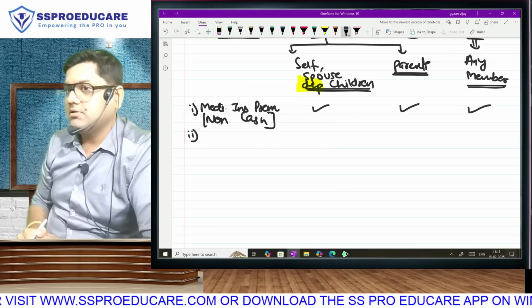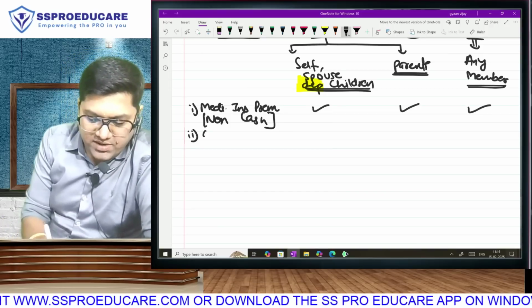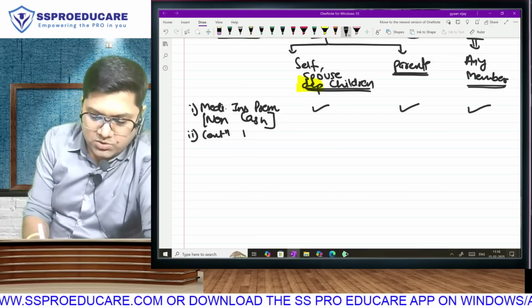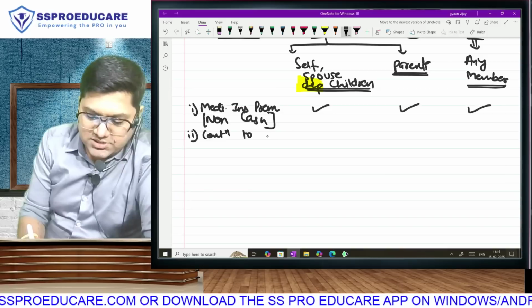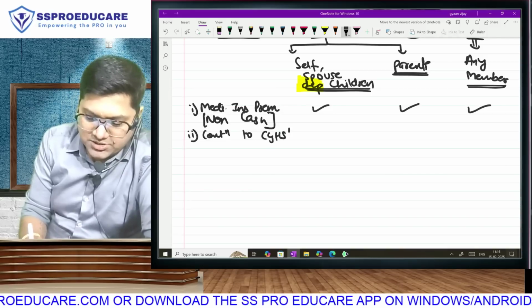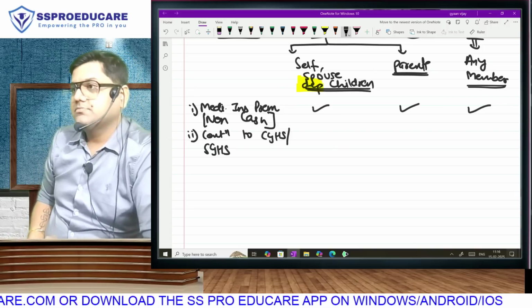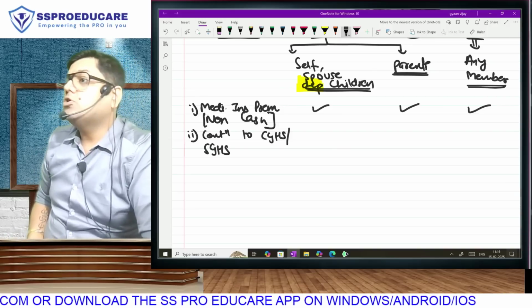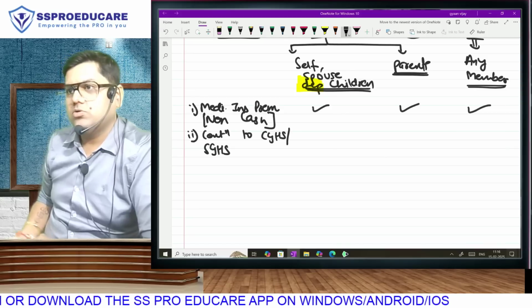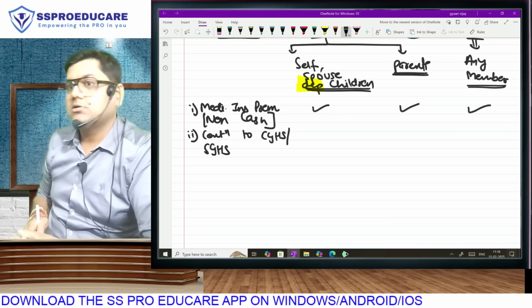Everyone with me? If you have made any contribution to the central government health scheme or to the state government health scheme, in a lot of government housing societies you go, not all but lots.